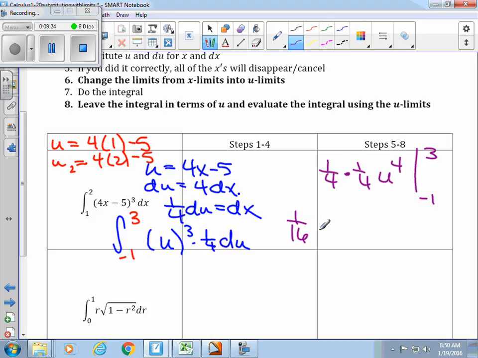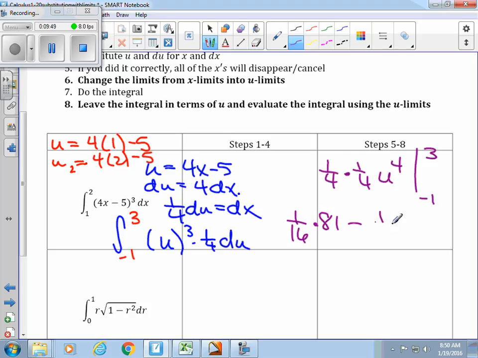1/16 times 3 to the 4th, 81. Is that right? 3 to the 4th, 81. 3 times 3 is 9. 9 times 3 is 27. 27 times 3 is 81. Or 9 times 9 is 81. Yes.